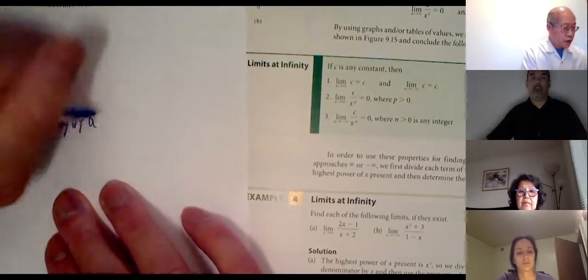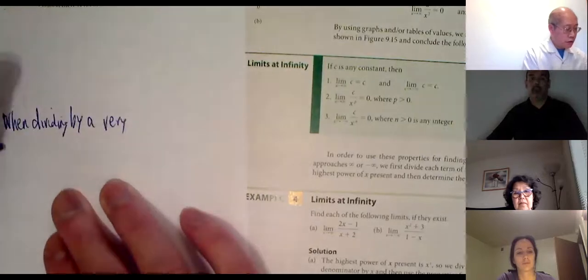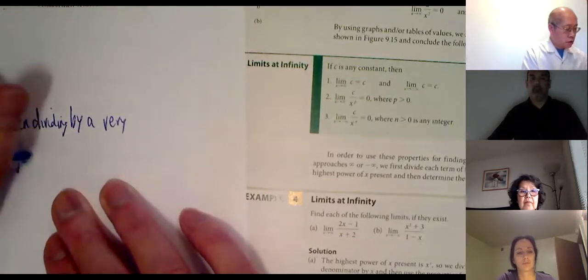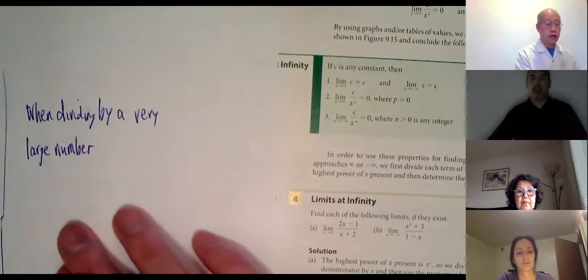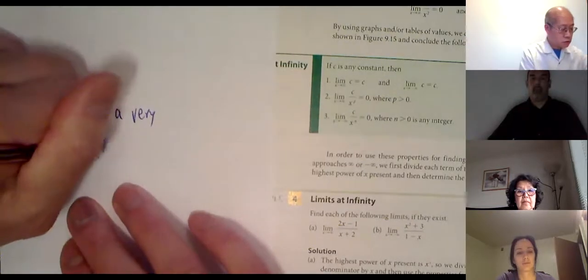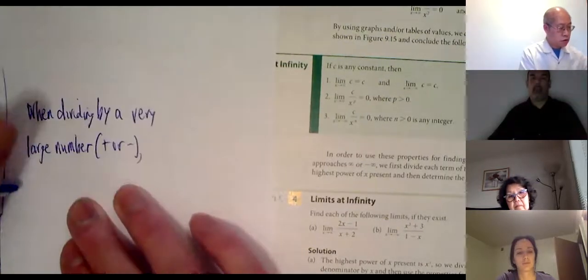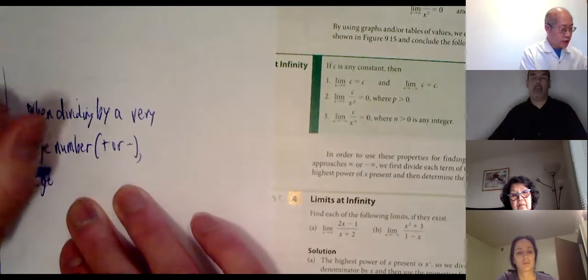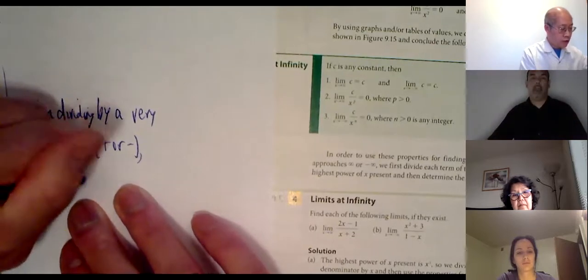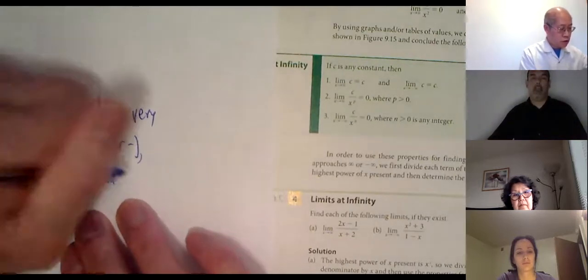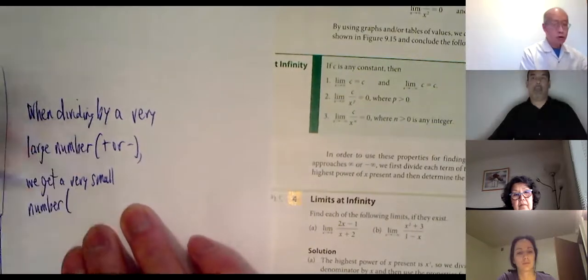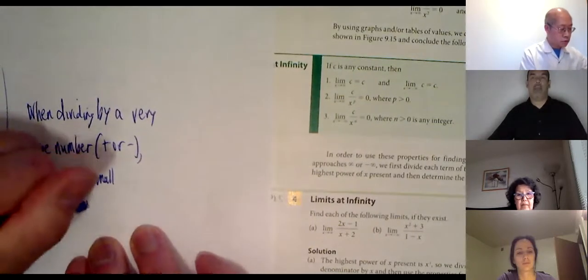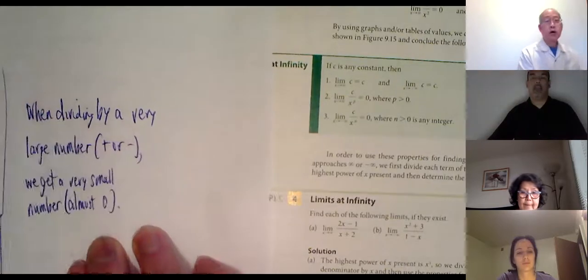When dividing by a very large number, and that large number can be either positive or negative, we get a very small number, almost 0.